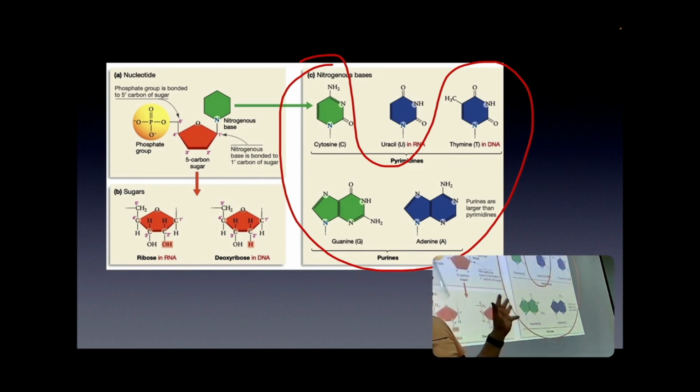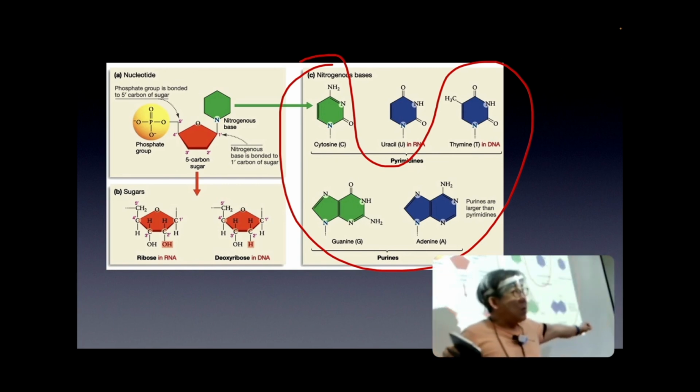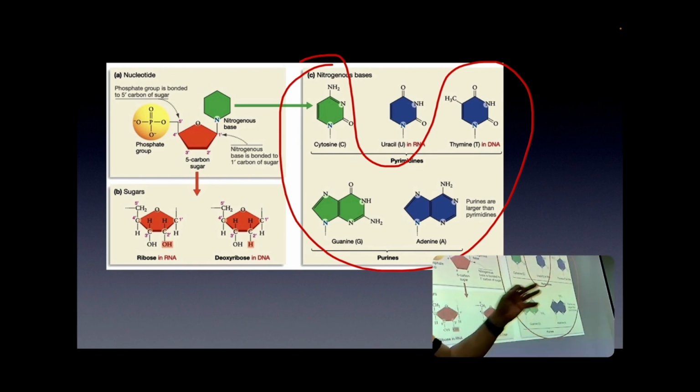Basically, DNA or RNA is a whole assembly of each individual different nucleotide in a long chain, like a thread. In the case of humans, how many individual nucleotides are there in a single human cell?